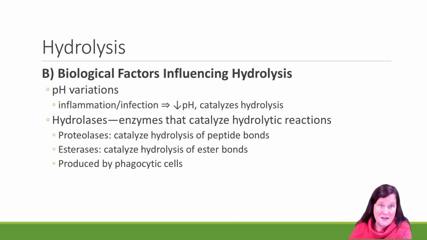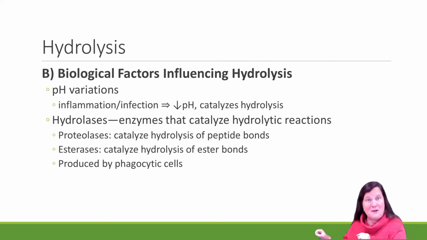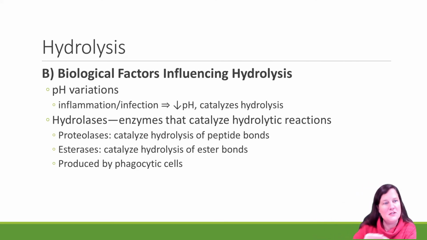Now, a lot of times when we're hydrolyzing a material or a polymer, one of the things it breaks down into is a carboxylic acid. So you can have a decrease in pH at the site, and that decrease in pH can catalyze the hydrolysis, which creates more acid, which can decrease the pH, right? So these are all things you have to think about, okay?